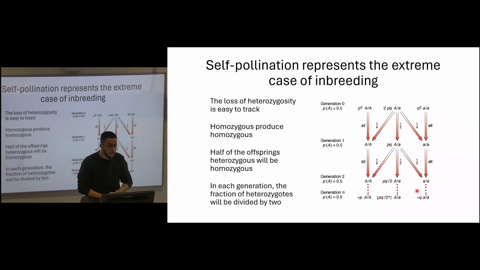Yeah, it self-pollinates, so it's basically a cross between two monohybrids.